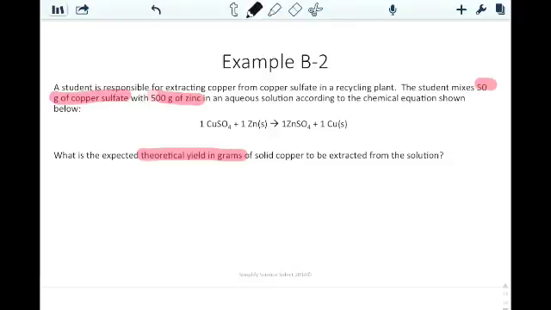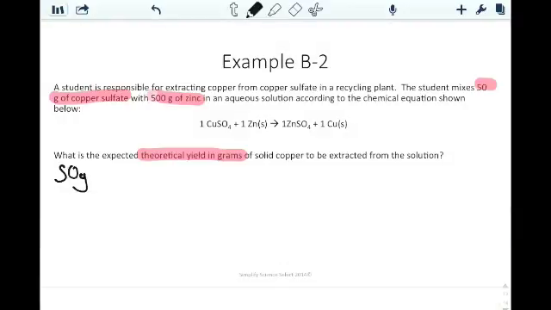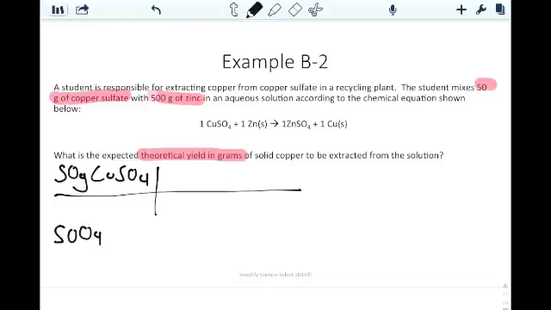It's already given us a nice balanced chemical equation, so all we've got to do is start with what it gives us. So we have 50 grams of our copper(II) sulfate, CuSO4. Go ahead and set that up, and then the other reactant that we have is 500 grams of zinc, and set that up.